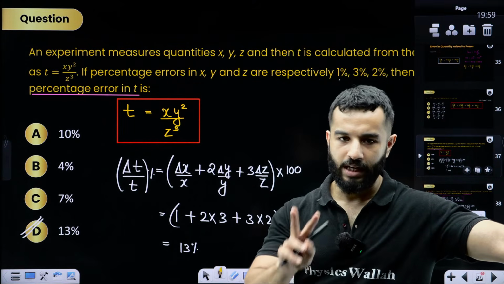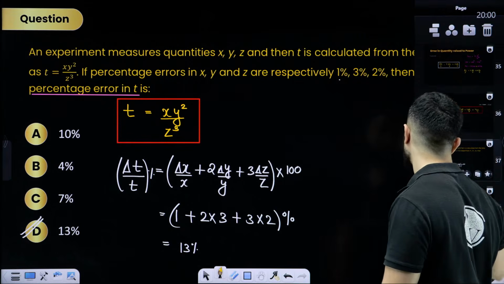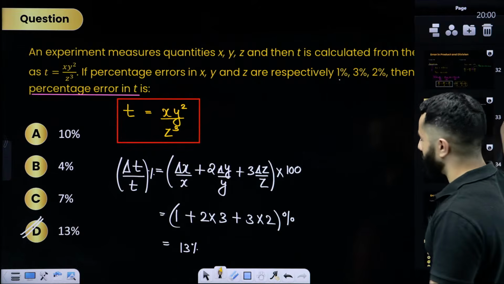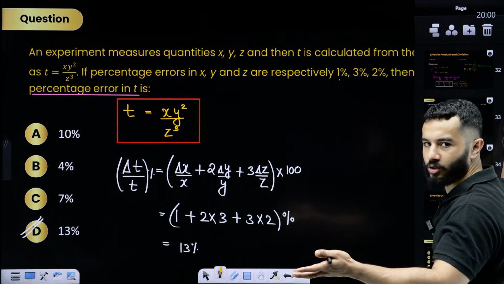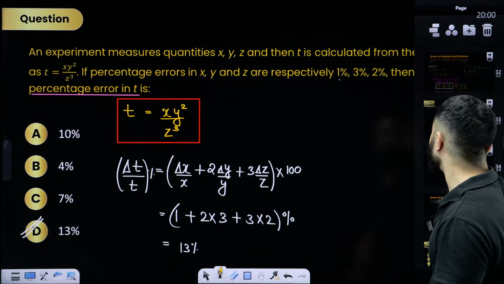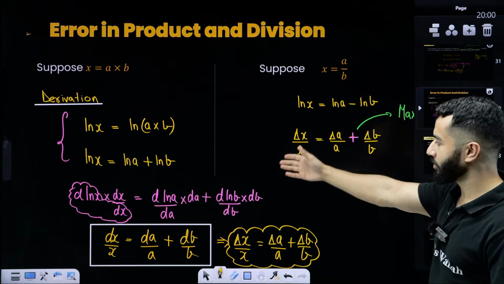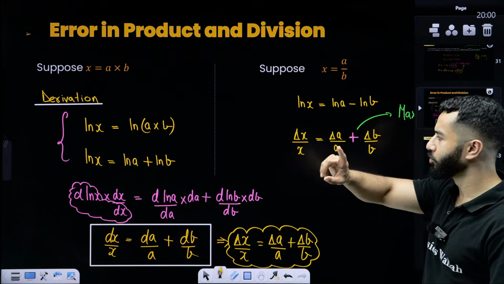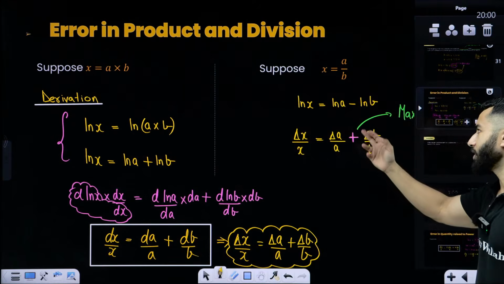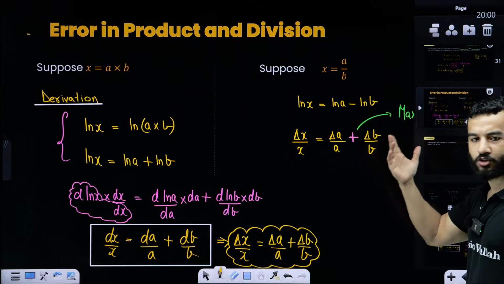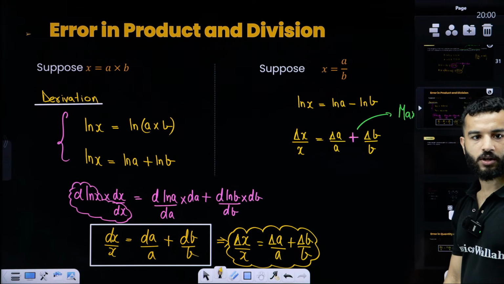So either they can ask you a direct question like this, or they can give you a slightly different problem in which you can use natural log. I have explained that as well. So we are not dependent only on formula. I have told you how you can actually use natural log. You're going to use only two things, either property of multiplication or property of division. In division, again, you're going to change the sign from negative to positive to find maximum possible error. Got it? Done.